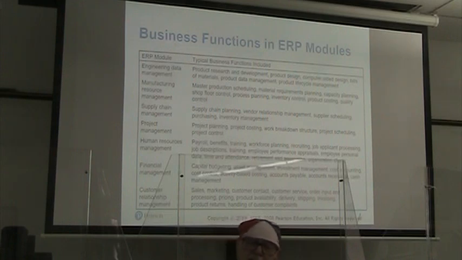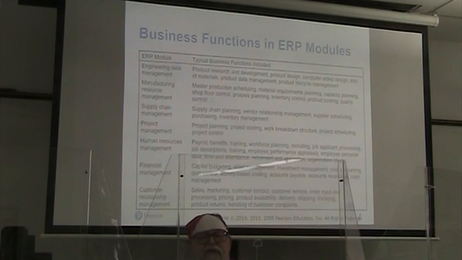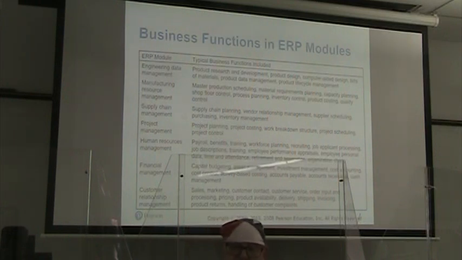When we talk about engineering data management, that's going to be product research and development, product design, computer-aided design, bills of materials, product data management, and product lifecycle management. Our manufacturing resource management is going to be master production scheduling, material requirements planning, capacity planning, shop floor control, process planning, inventory control, product costing, and quality control.